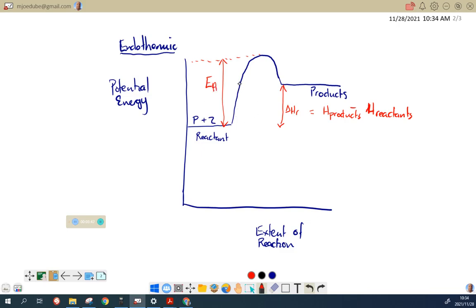Again, take note that this process from the reactants to the activated complex, at the top, is an endothermic one. It takes in heat from the surroundings. This stage is bond breaking.